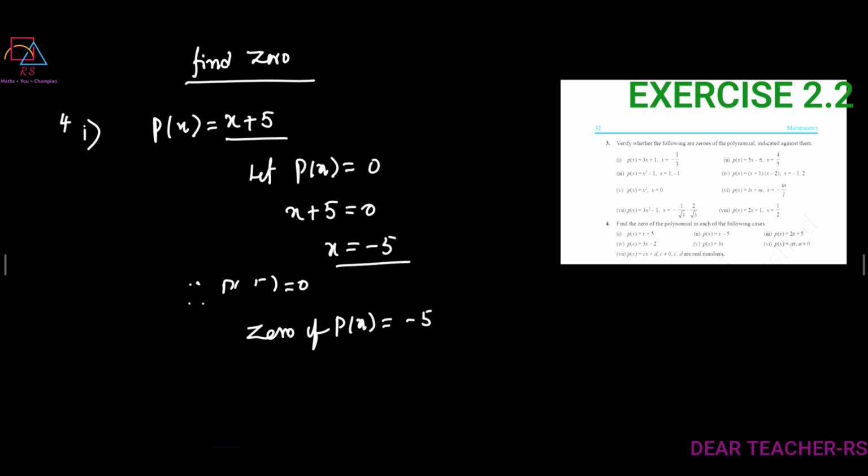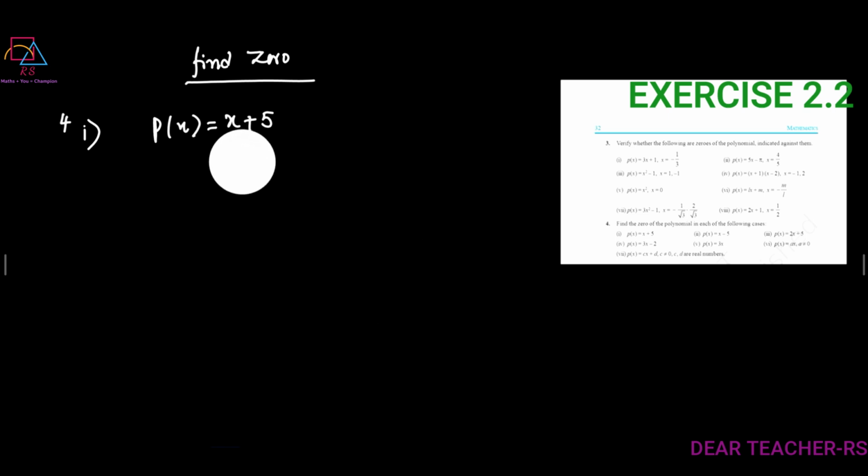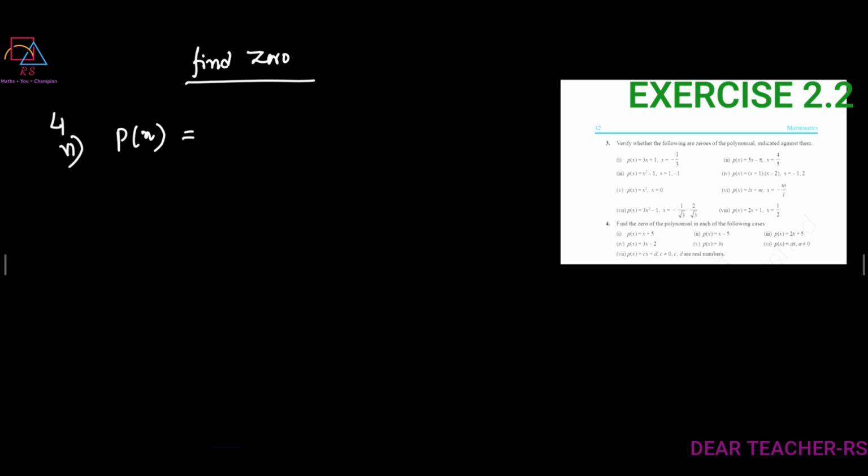Similarly, let me do the sixth bit. Sixth bit is very simple. Same concept we have to write. Fourth question, sixth bit. p(x) is equal to ax, where a is not equal to 0.